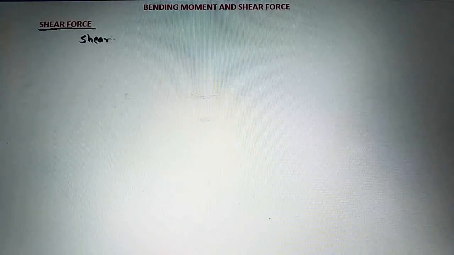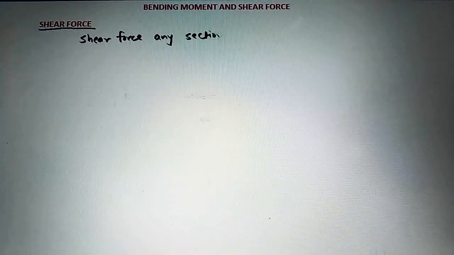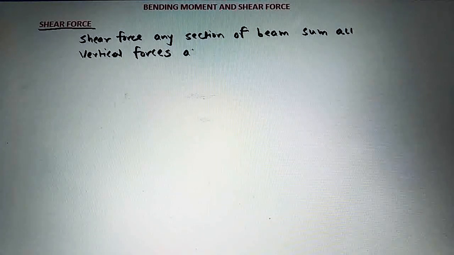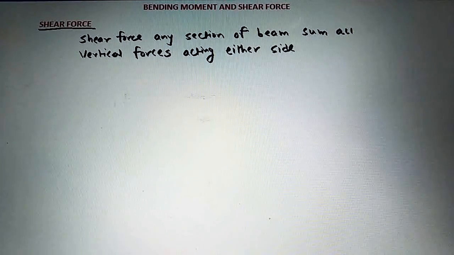Shear force at any section of a beam is the algebraic sum of all the vertical forces which are acting on either side of a section of beam.